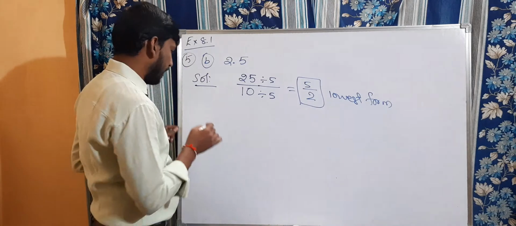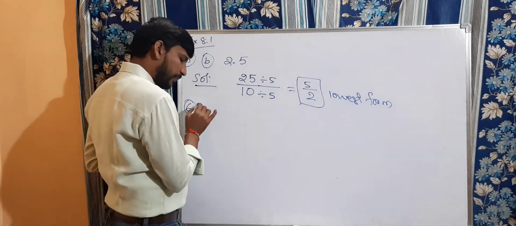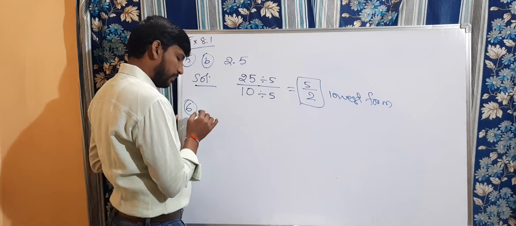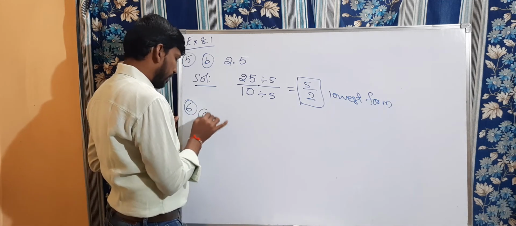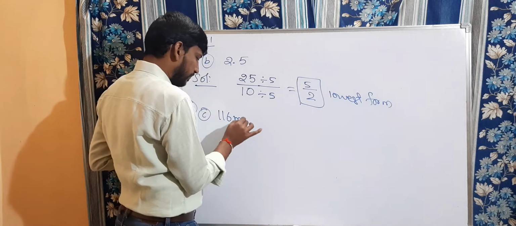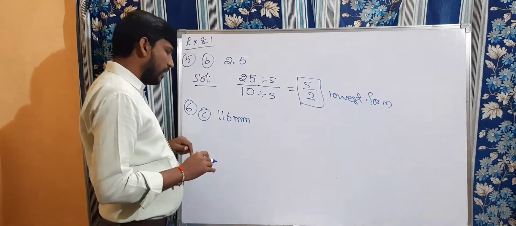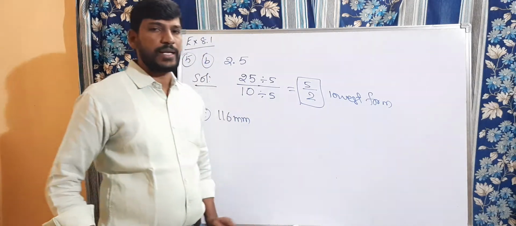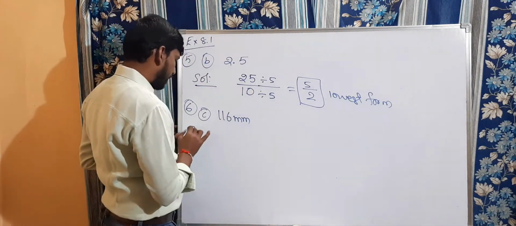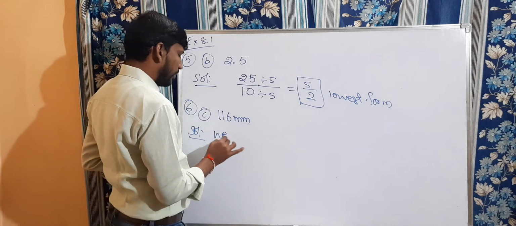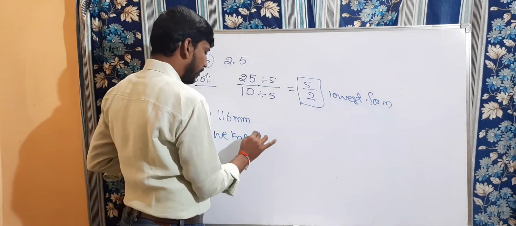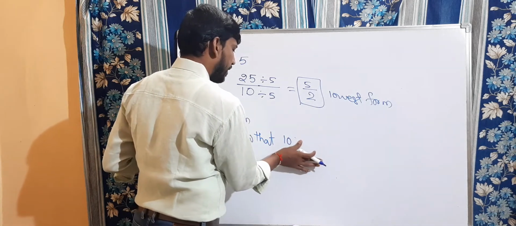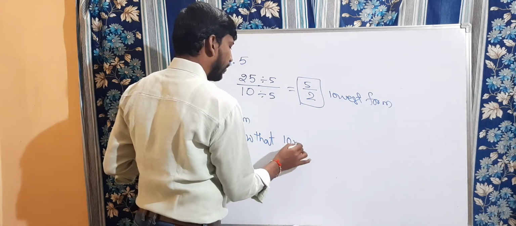Now question number 6: express the following as centimeters using decimals. That is 116 millimeters. Now we are going to convert this into centimeters by using decimals. We know that 10 millimeters is equal to 1 centimeter.